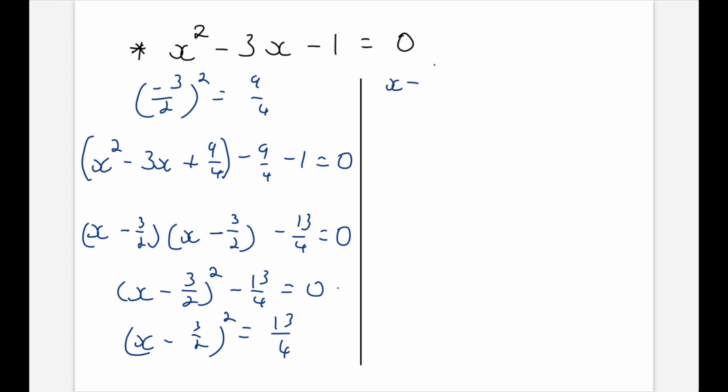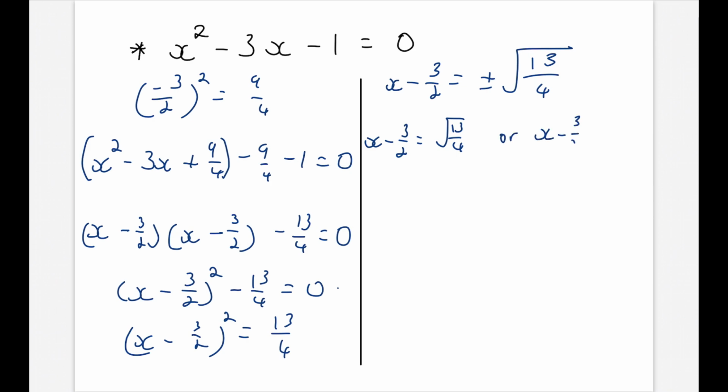Now, x minus 3 over 2 is equal to plus or minus the square root of 13 over 4. Which means that x minus 3 over 2 is either positive root 13 over 4 or x minus 3 over 2 is negative root 13 over 4.